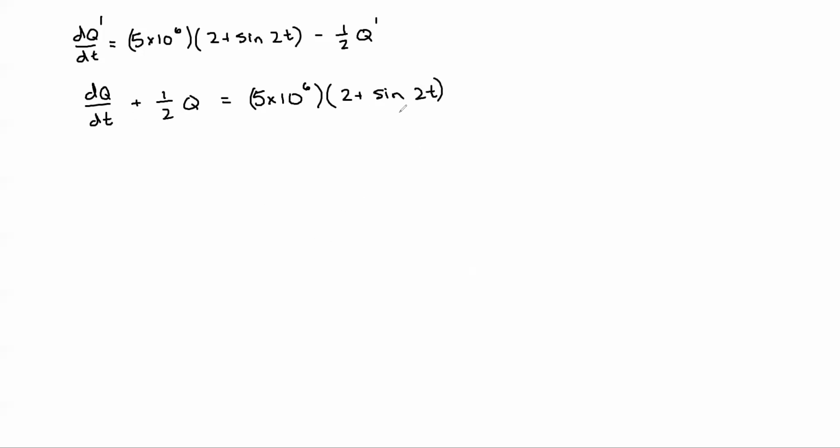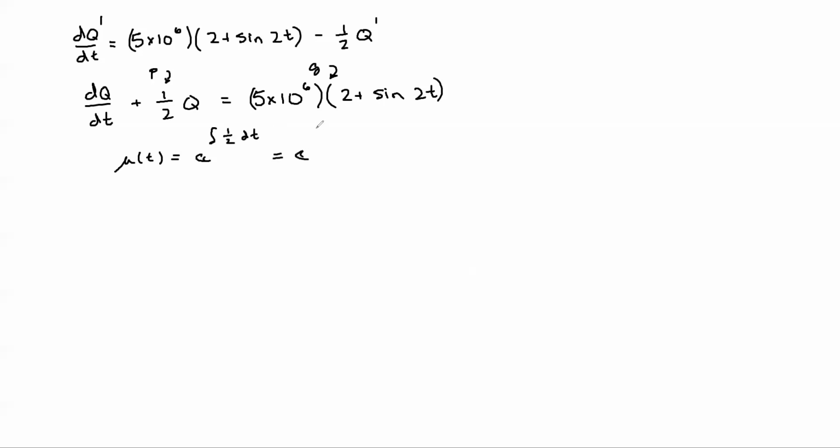And then once you have it in this format, if you haven't watched that video, you're going to have to go back and watch it, or if you don't remember. Next, you go through and you find the integrating factor, right? So this is going to be P, and this whole thing is going to be G in the formula. And so you're going to have mu of t equals e to the integral of P dt.